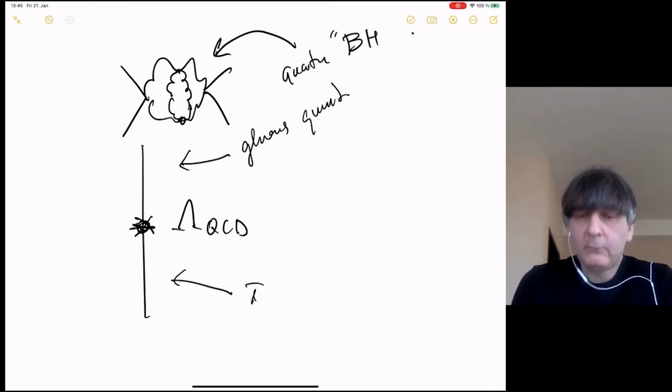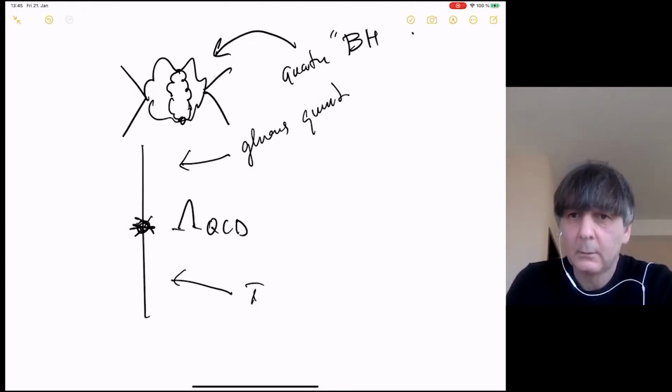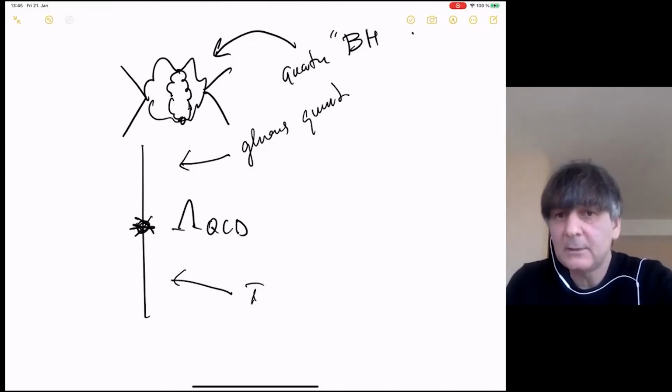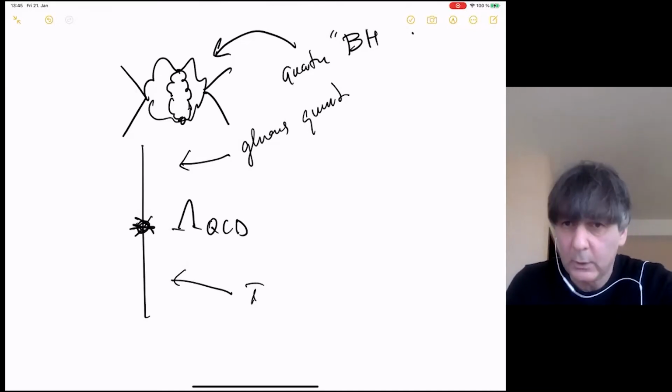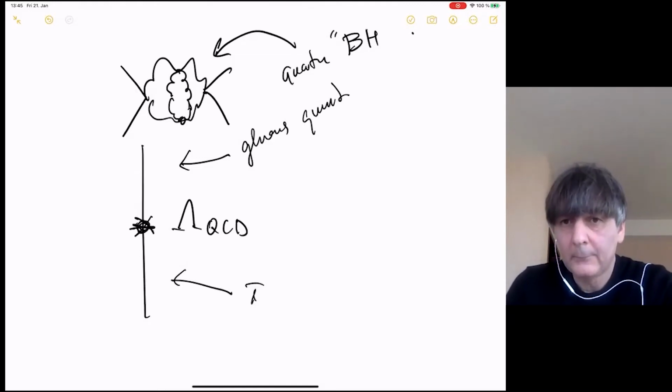Now, therefore, it's not surprising that we have a similar problem at the Planck scale, okay? So it's of the same type of problem. At this level of understanding, we cannot avoid this problem, and that only adds to the unknowns, okay? So this is basically the important message.